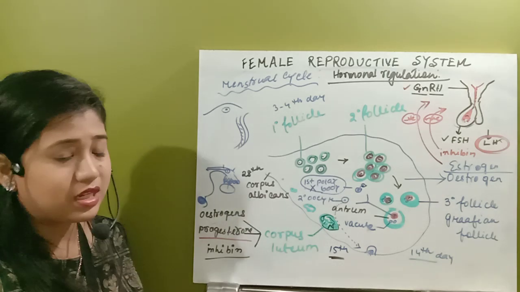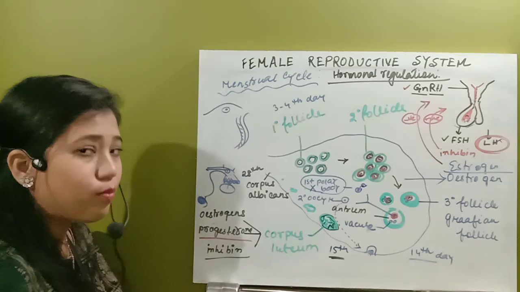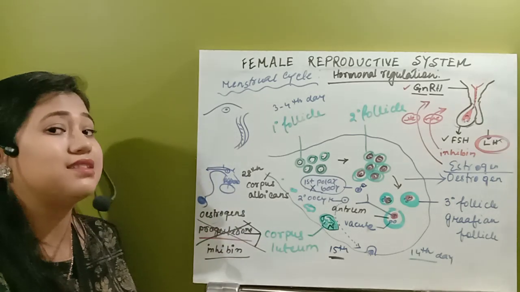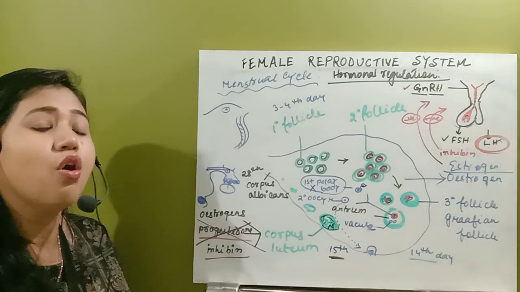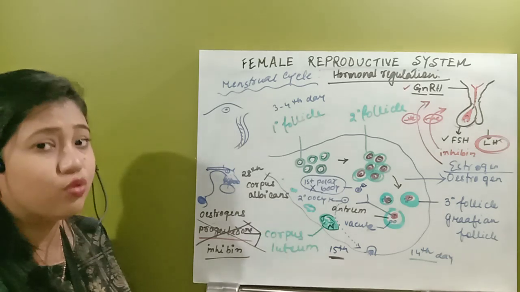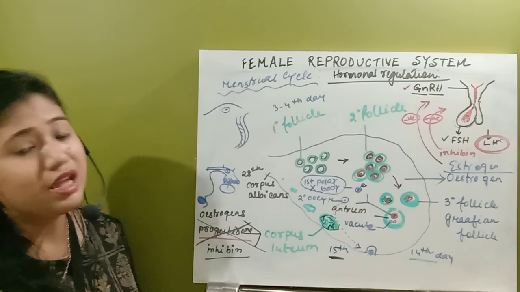So whenever the 28th day reaches, at that time the corpus luteum is no more present, it will no more release progesterone hormone, and as there is no progesterone hormone, what happens to the endometrium? This endometrium will start to rupture. It starts to be removed from the uterine lining.